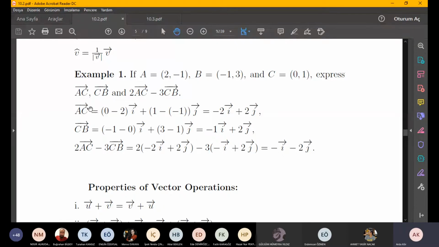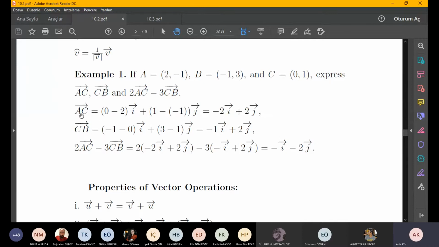It is from A to C. That means it will have components 0 minus 2, and the other component will be 1 minus (-1). So if you write it as a linear combination of standard basis vectors, it will be -2i plus 2j. So this is the vector AC.